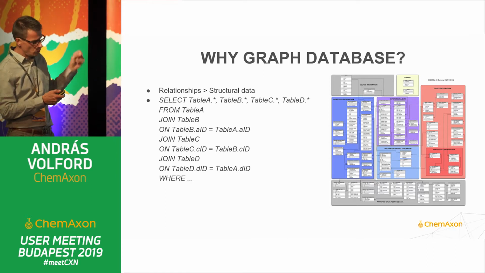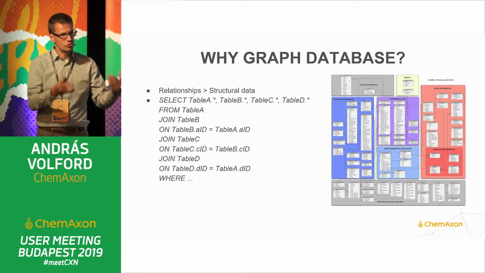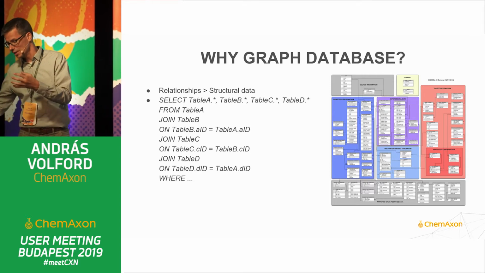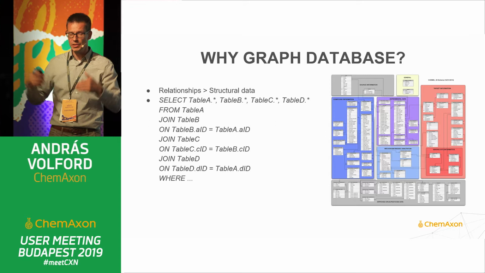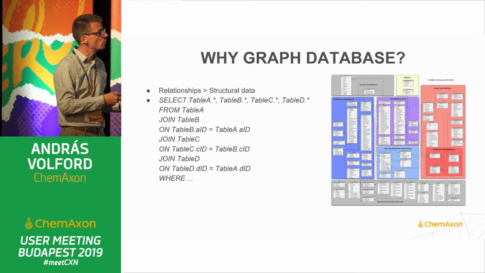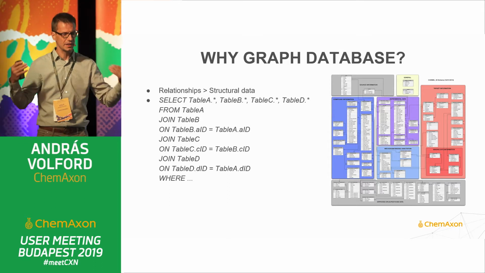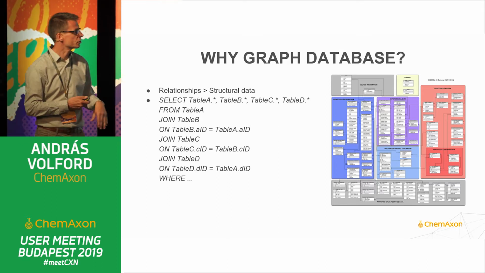Typically, when you are going from relationships to the structural data, so you're not going from structural data to some additional data, but you have relationships among the data. For example, this is the ChEMBL data set, and you want to get information based on the relationship.